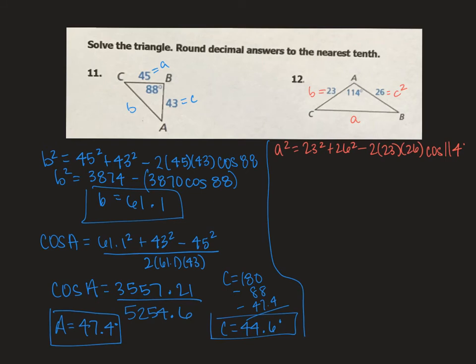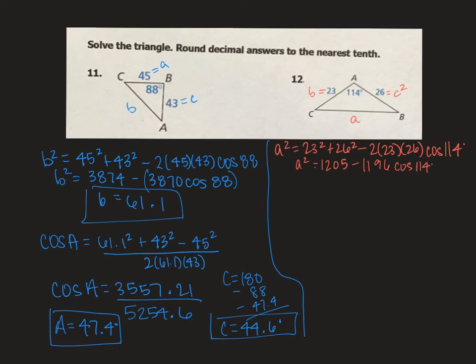So 23 squared plus 26 squared is 1205. 2 times 23 times 26 is 1196 times the cosine of 114 degrees. So if you plug this in your calculator all at once, do 1205 minus parentheses 1196 times the cosine of 114.